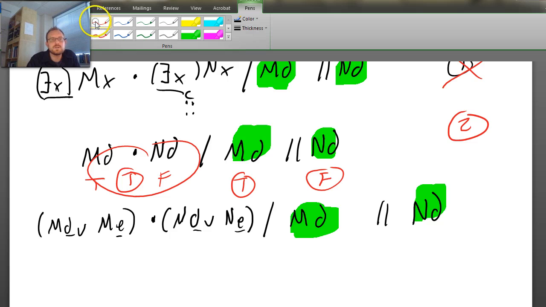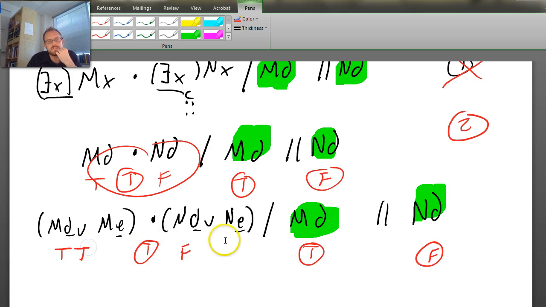So let's do the truth table. True. And this has to be true. Now, anywhere I see an Nd, let's put an F there. Anywhere there's an Md, let's put true. Okay, now let's see if we can do the truth table here. In order for this conjunction to be true, both sides of it have to be true, right?